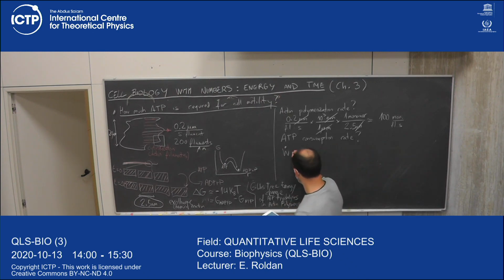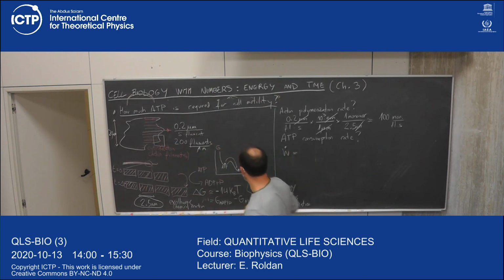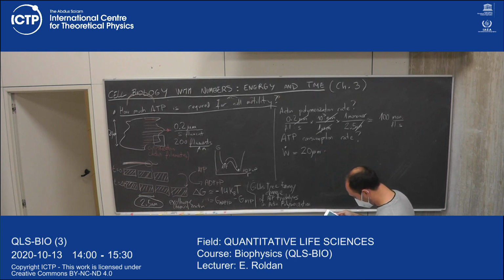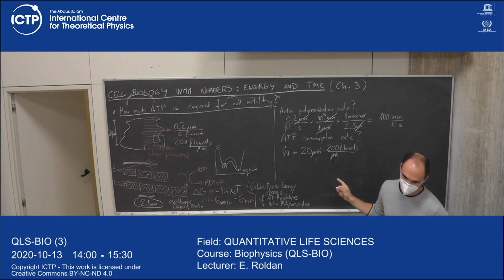First of all, I have 20 microns of them. I multiply this by the density. In 1 micron, we have 200 filaments. So what do I have until now?